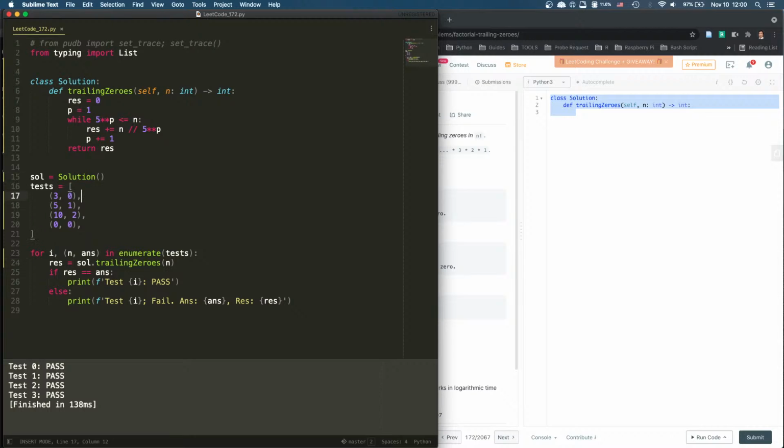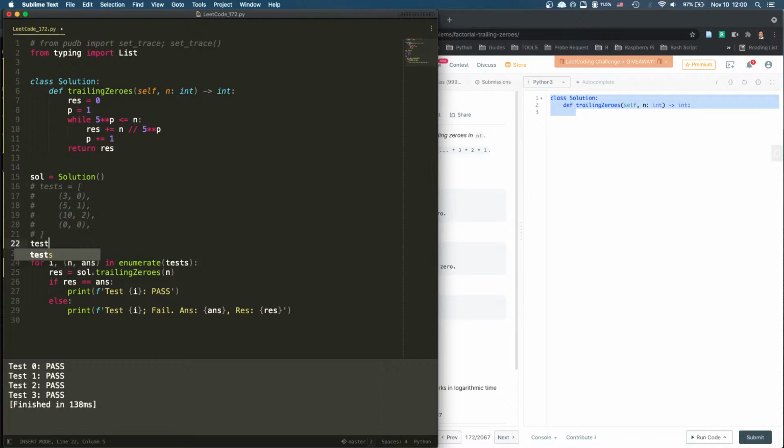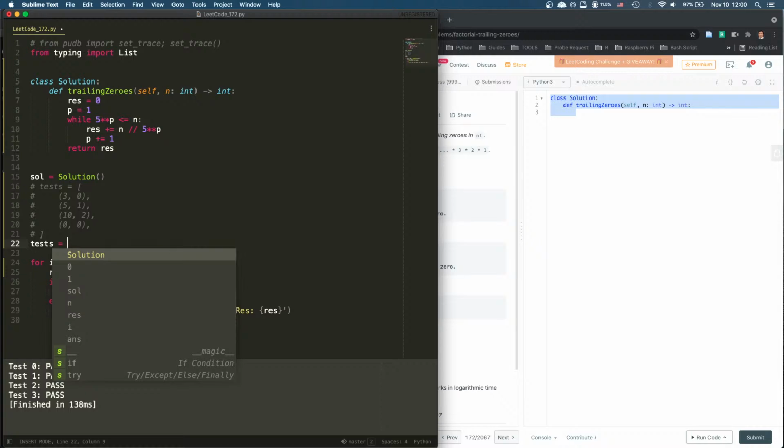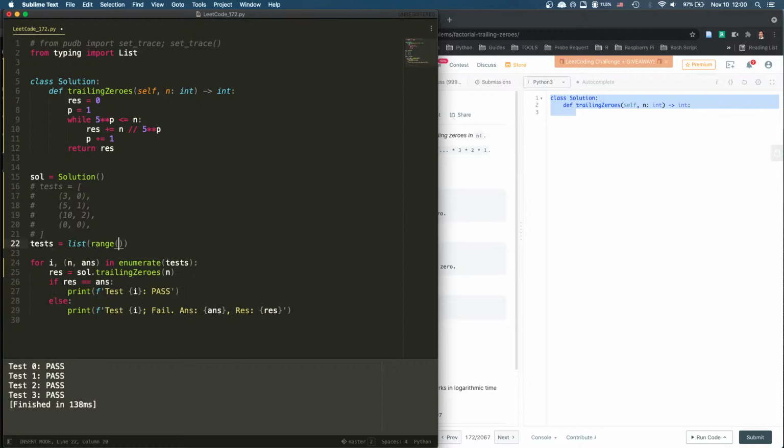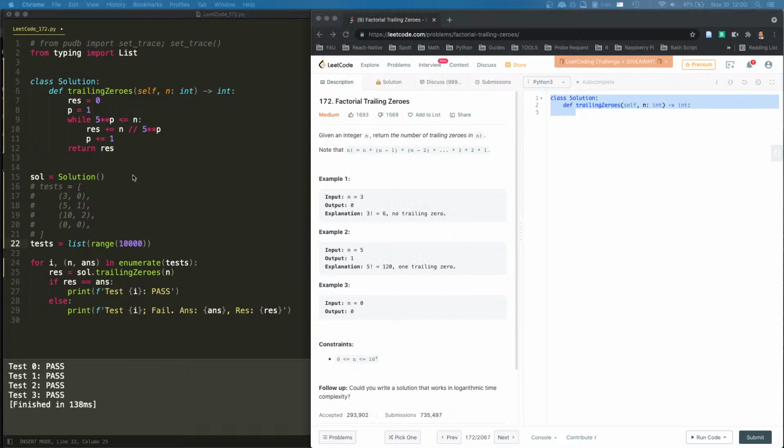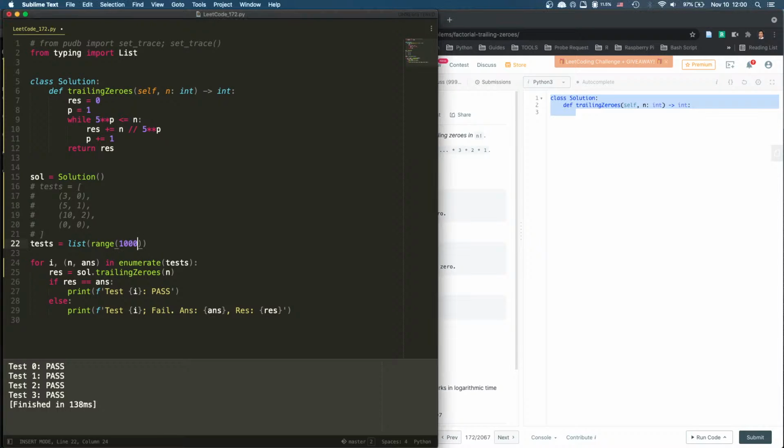Let's run our own test cases. So tests equals list of range 1 to 10,000, actually 10,001. That's our test. And then there's no answer.